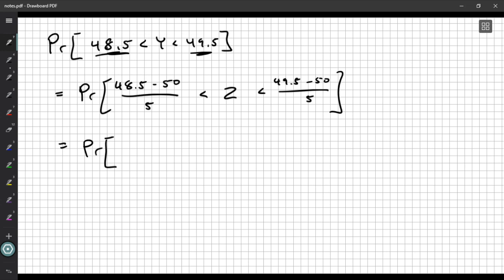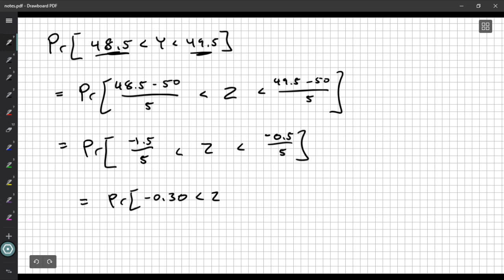So 48.5 minus 50 is negative 1.5. And we'll get negative 0.5 here. Negative 1.5, well, 15 over 5 would be 3, so we get negative 0.3. And 0.5 over 5 is 0.1, so we get negative 0.10.